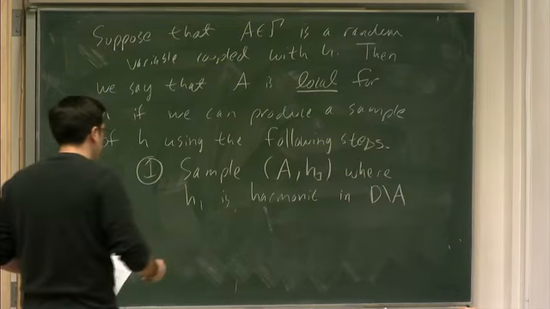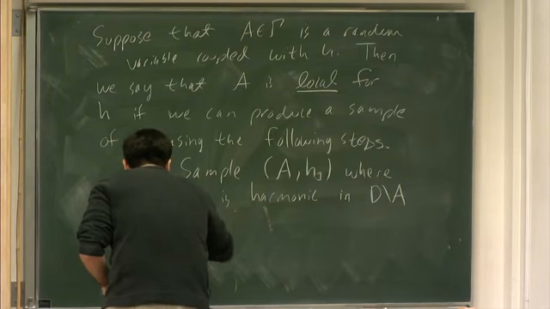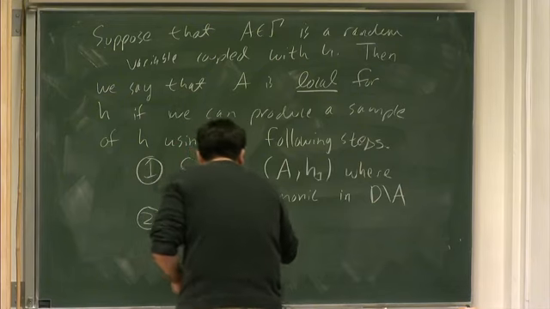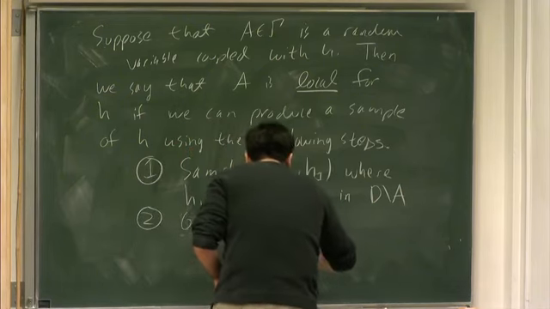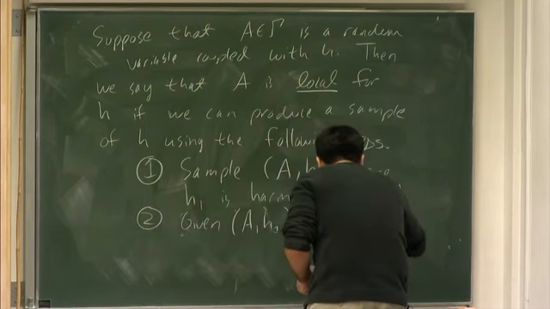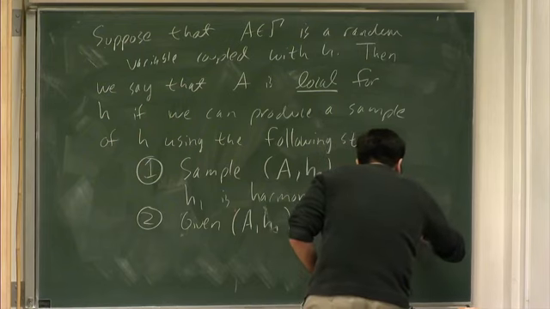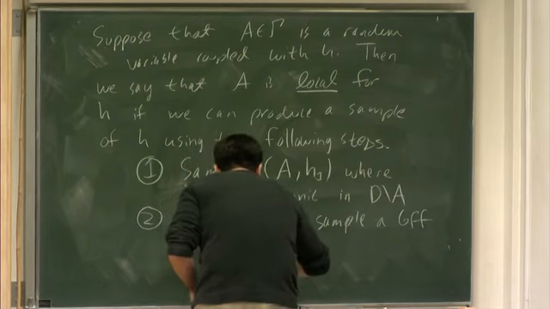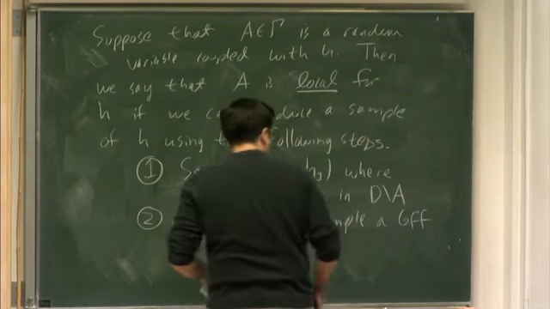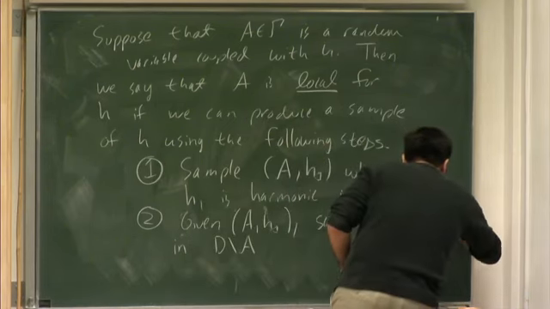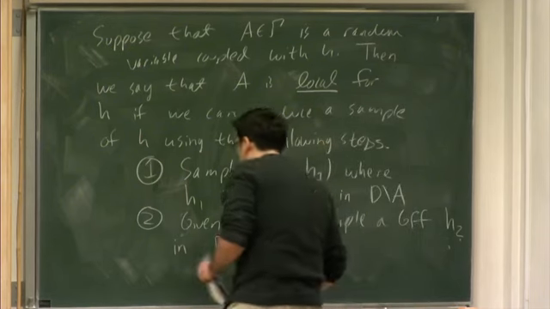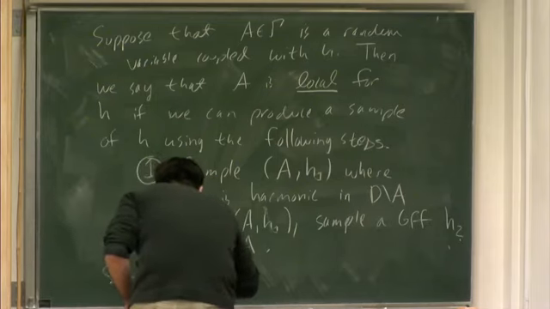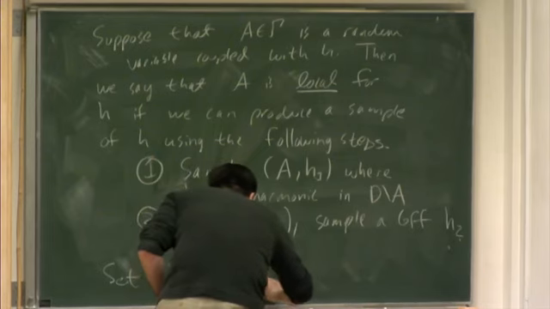And once you've picked your pair A, H1, the second thing that you do is, given this, you sample a Gaussian free field in the complement of A. And this Gaussian free field I'm going to call H2. Okay, and then you set H equal to H1 plus H2.